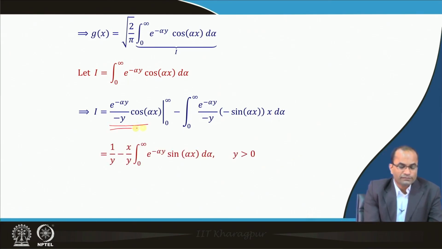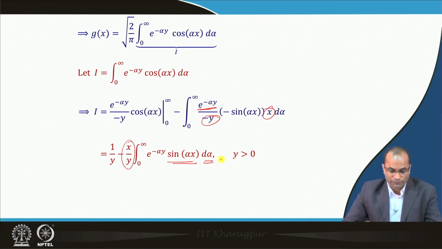After this simplification, because when alpha goes to infinity and y is positive, this will go to 0. So only when alpha goes to 0 will that survive. So this is 1, and then here we have 1 over y. Because of this first term we are getting 1 over y. Here we will get x over y outside, and then again we have e power minus alpha y and then sin alpha x d alpha.